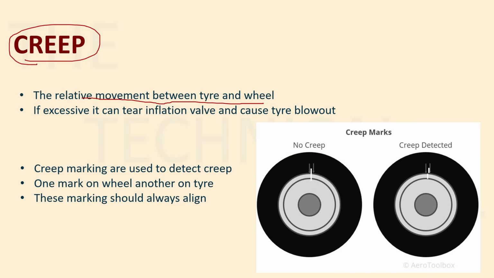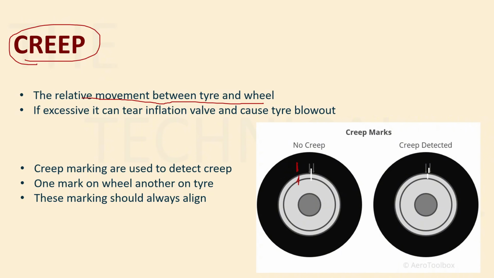Creep can be detected by using creep markings. You can see these white lines. White lines in this image are aligned with each other, right? And in this image, you can see that the white lines are not aligned. So what are these white lines? These are creep markers. We mark a line on the wheel rim and we mark another line on the tire.